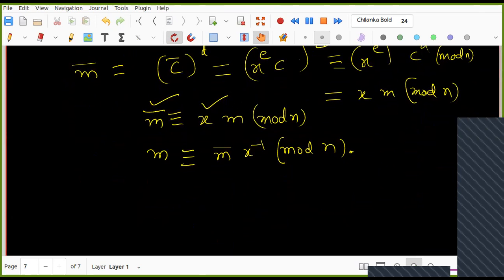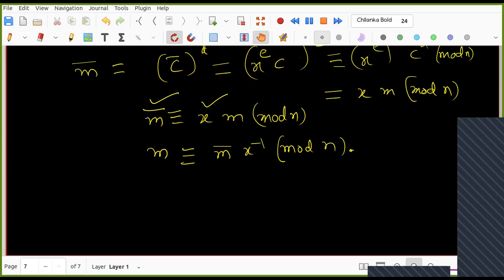Yes, it is possible, but I'm not going into those details right now. I want to give one glimpse of what we mean by crypto analysis. This is one of the things. Can I proceed?